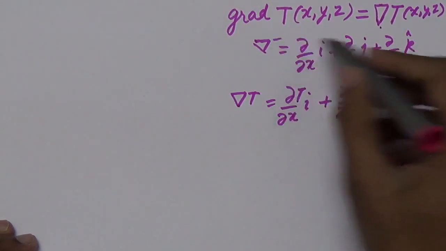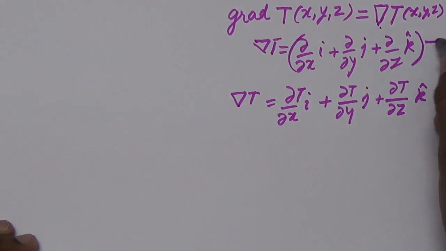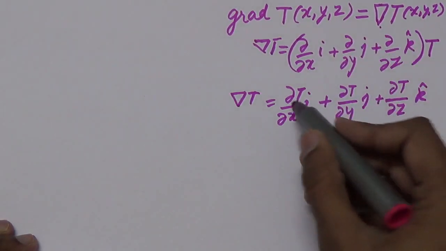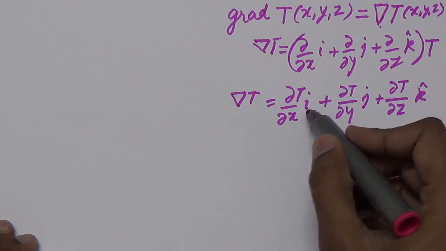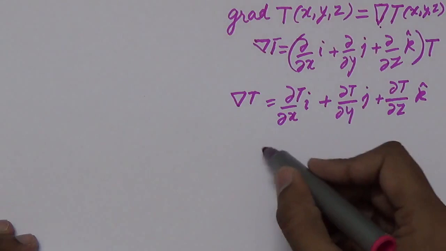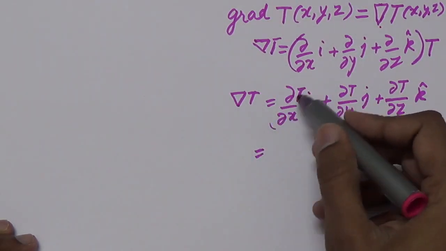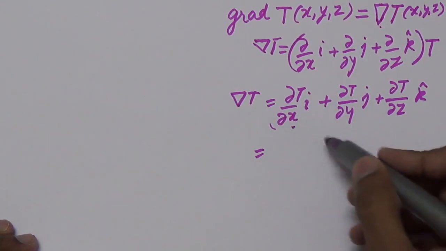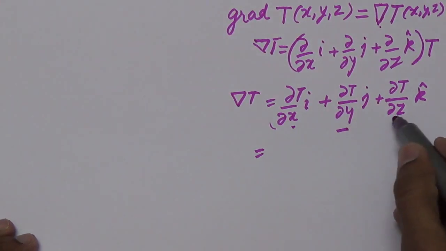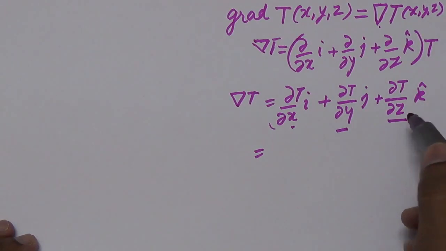So if you write T here, this is your gradient operator, the del operator, and this one is the T. So T will be here, here, here. So del T upon del x i plus del T upon del y j plus del T upon del z k. This is the variation of the temperature along the x direction, this is the variation along the y direction, and this is the variation of the temperature along the z direction.